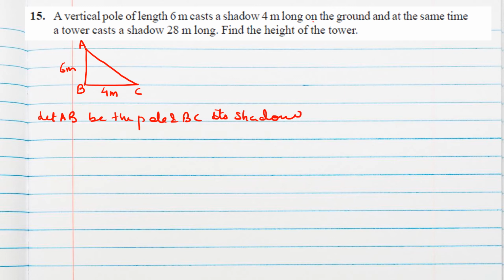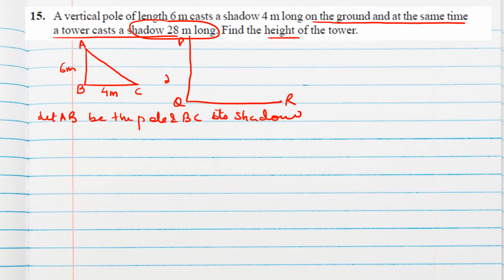on the ground. Okay, and at the same time a tower casts a shadow of 28 meter long. So suppose one tower is there, its shadow length is given. Okay, so suppose PQR, height of the tower we should find.